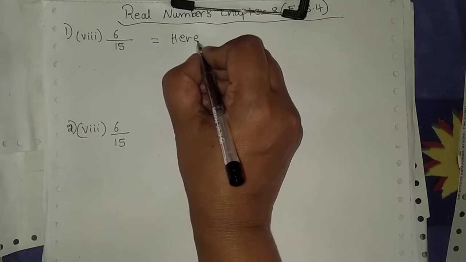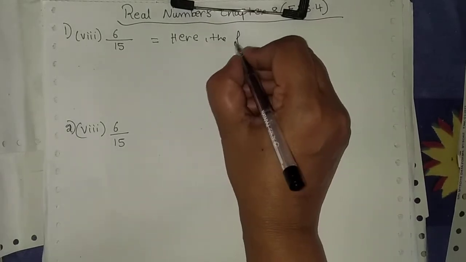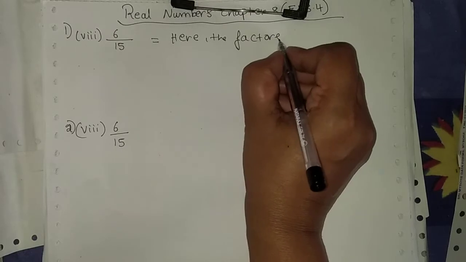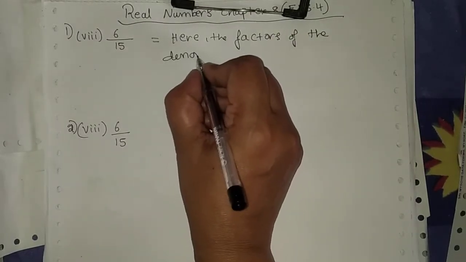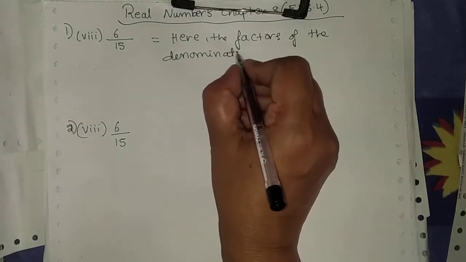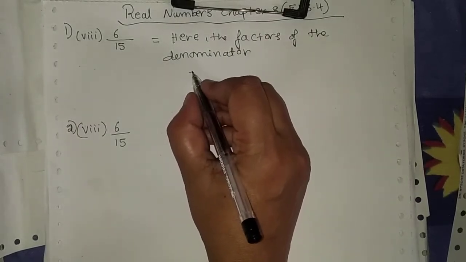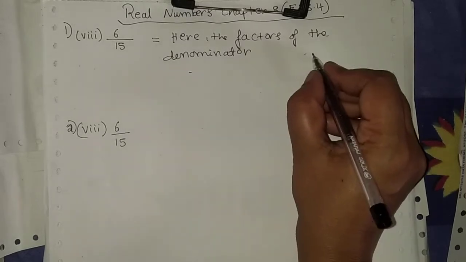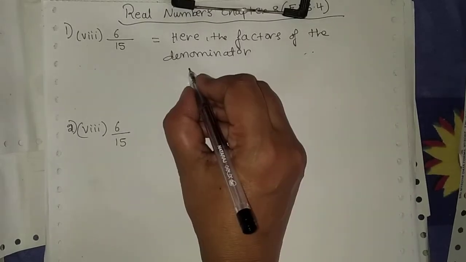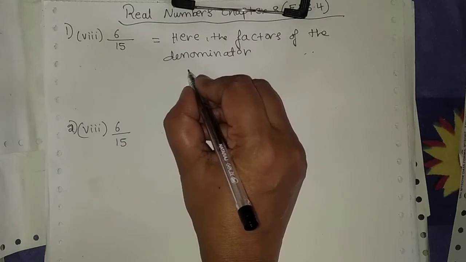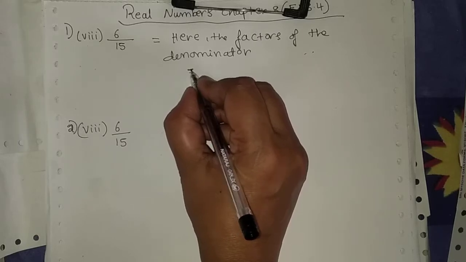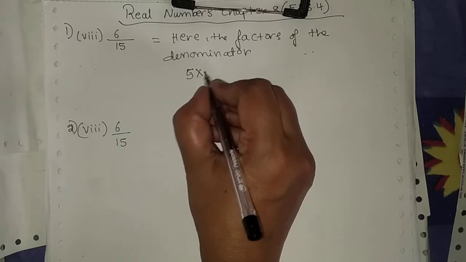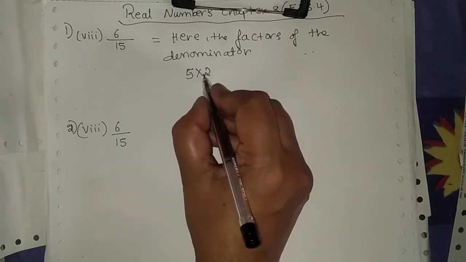So here the factors of the denominator, so what are the factors? We know that 15 means 5 into 3.